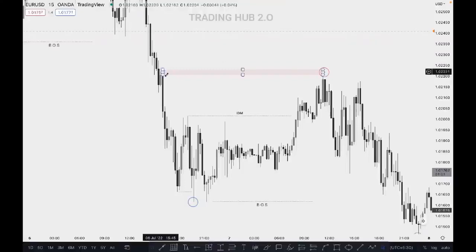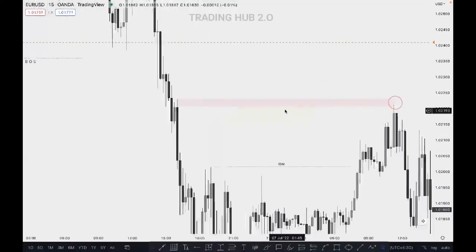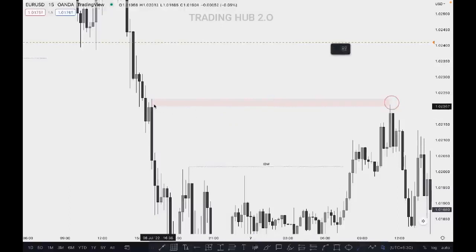Why? Because this high has been taken out by this candle. And this is our middle candle. Okay, the inside bar is here; this candle did not take any previous swing high or low. This candle actually took out the previous candle's low, which is here.